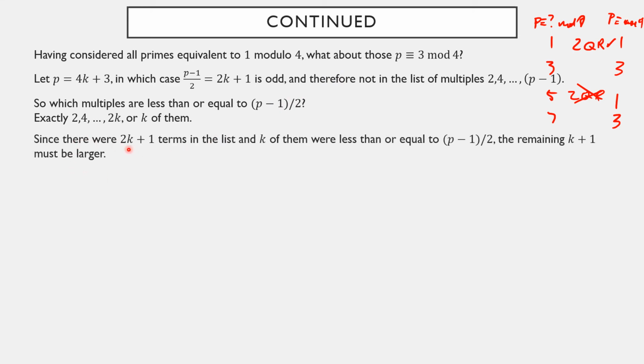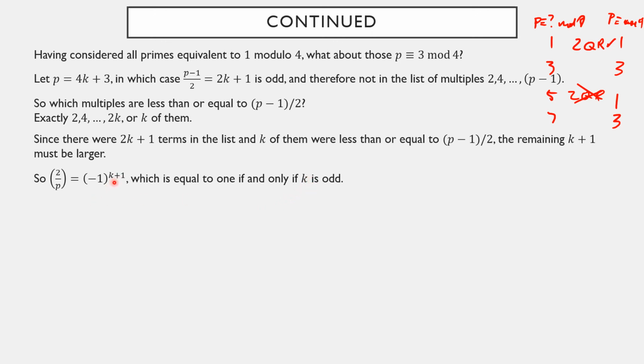So since there are this many terms in the list, k of them, 2 times 1, 2 times 2, up to 2 times k of them are small. So 2k plus 1 elements total, k of them small, therefore the remaining k plus 1 elements were big. So the Legendre symbol, by Gauss's method, is computed as negative 1 to the k plus 1. This is equal to 1 if and only if k is odd, because it's got this plus 1 in there.